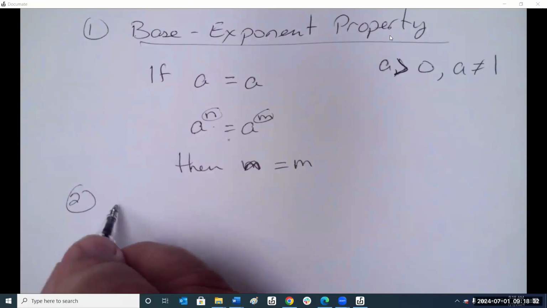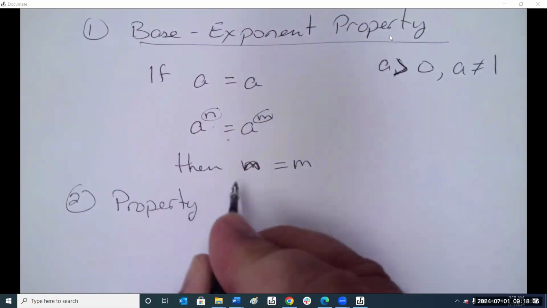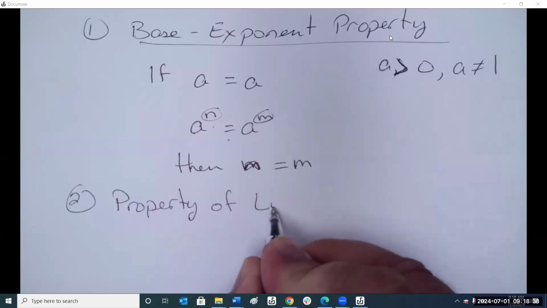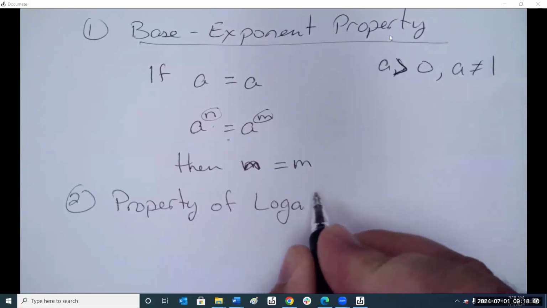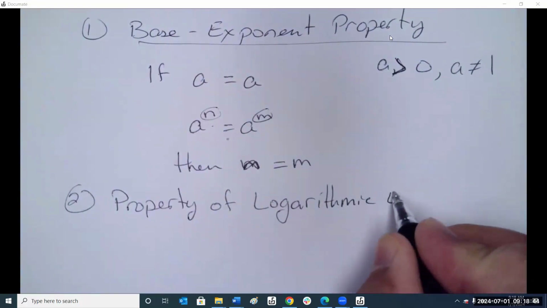The second is the property of logarithmic equality.